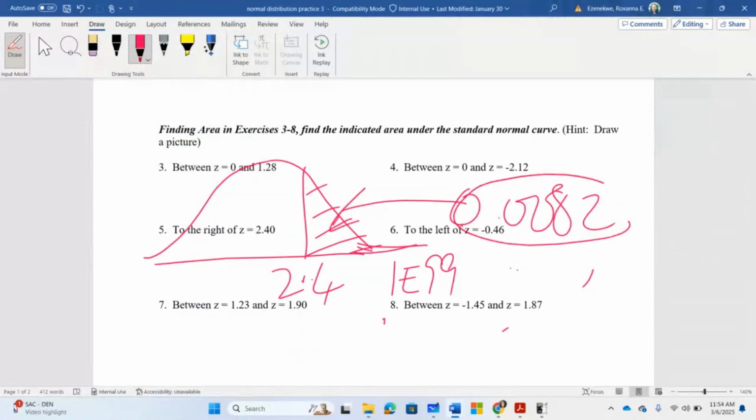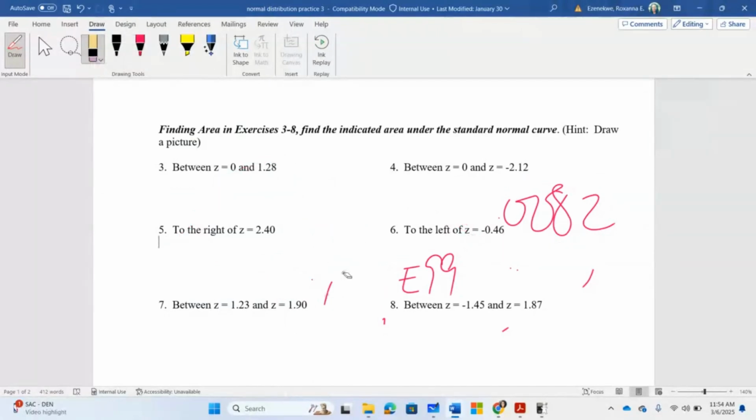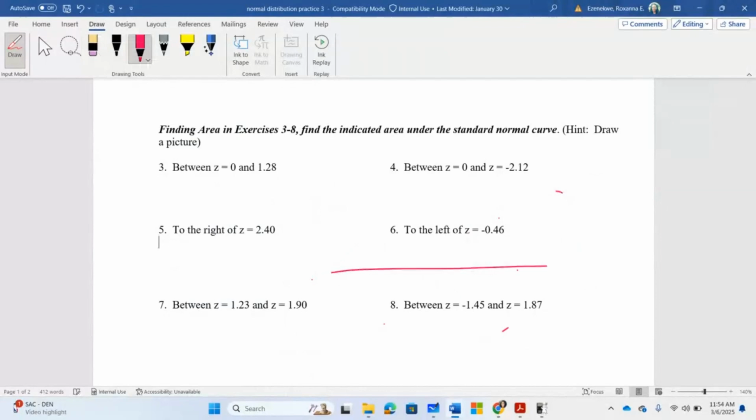What if I'm told to do number 6, area to the left? So if I'm told to do area to the left, then I draw a normal curve. All right, first one is to draw a normal curve. So area to the left of negative 0.46. Negative means that z is negative.